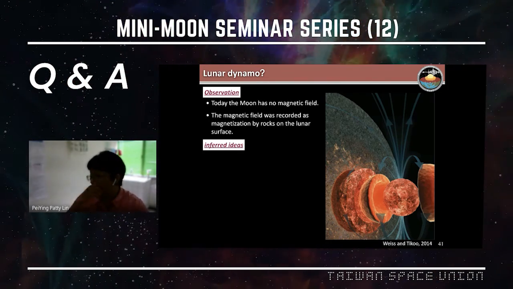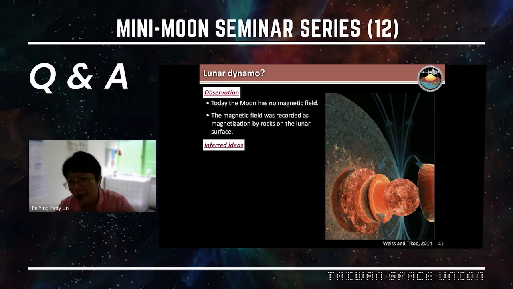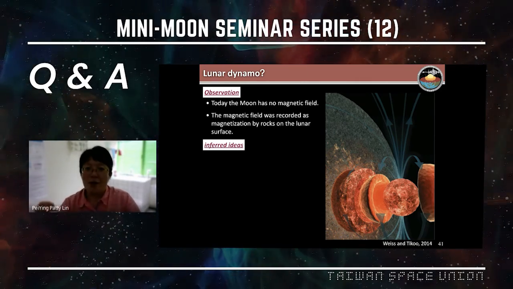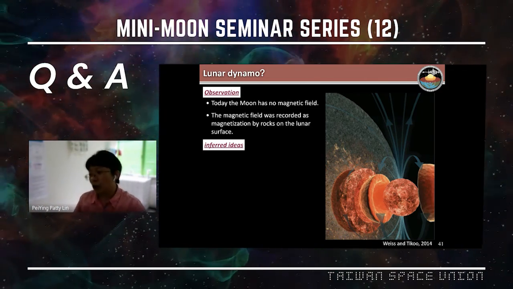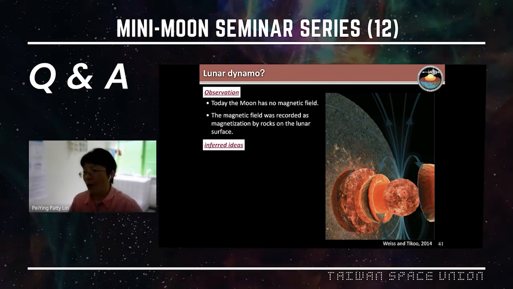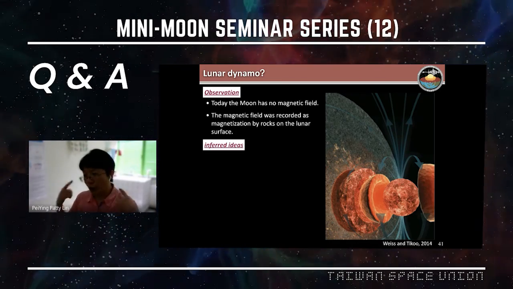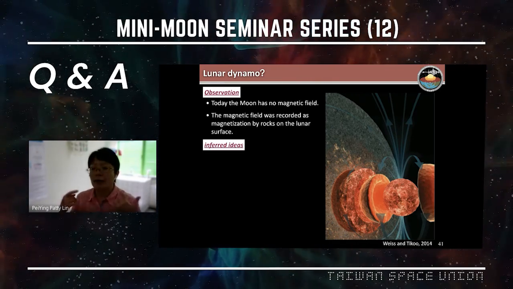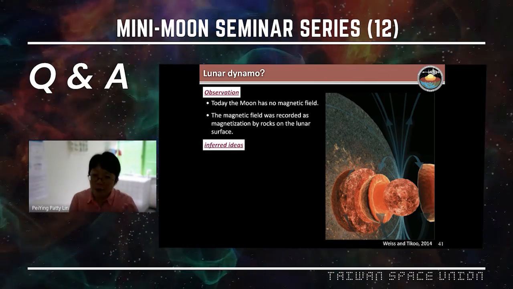The magnetization recording can happen in two scenarios. One, the moon actually had a similar structure to the Earth before, and the core is small. The inner core is smaller, and we can have convection in the outer core, and it can generate its own dynamo.